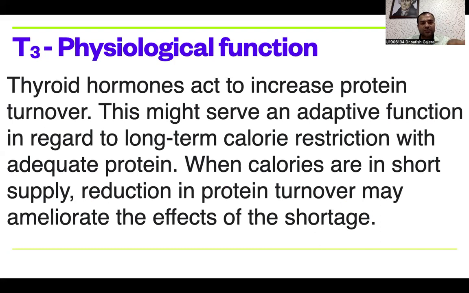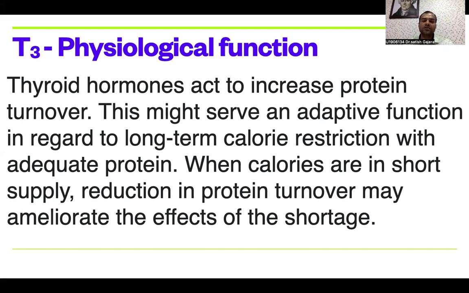T3 physiological function. Thyroid hormones act to increase protein turnover, meaning protein balance. These might serve an adaptive function in regard to long-term calorie restriction. When calories are in short supply, a reduction in protein turnover may ameliorate the effects of the shortage.